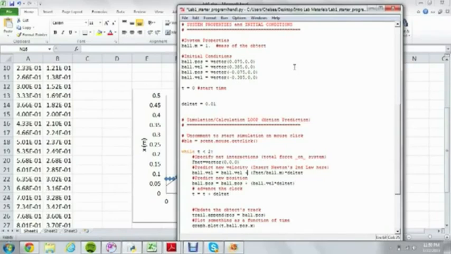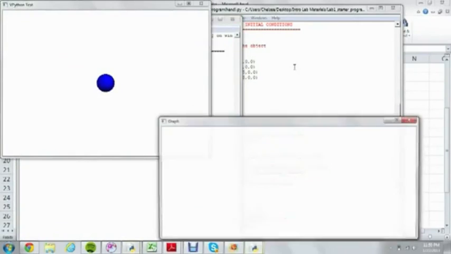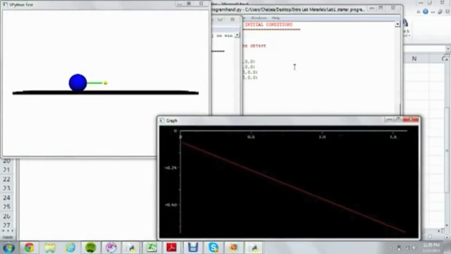The graph goes in the negative direction and continues to go in the negative direction as time advances. However, on this screen it doesn't, but it should. It's going in the negative direction, but instead it's going to the left.